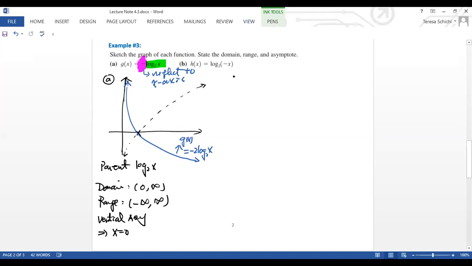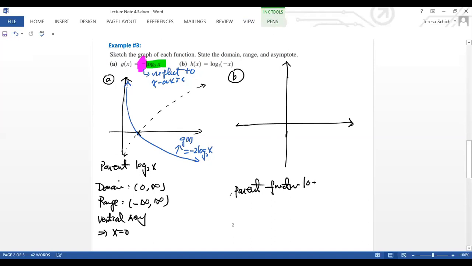Okay, so now let's take a look at part B here. My parent function will start the same way.